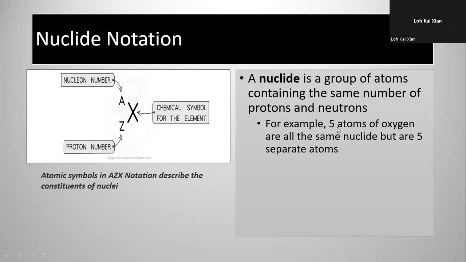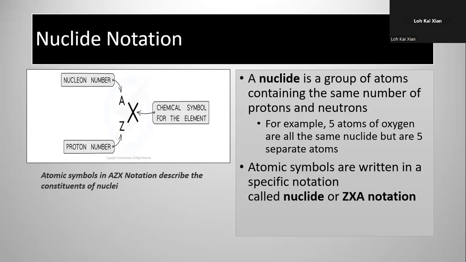For example, 5 atoms of oxygen are all the same nuclide, but are 5 different atoms. Okay, so we represent it with X. X is a chemical symbol. And then Z, that is a proton number. A is your nucleon number. Right, so you have to memorize that.